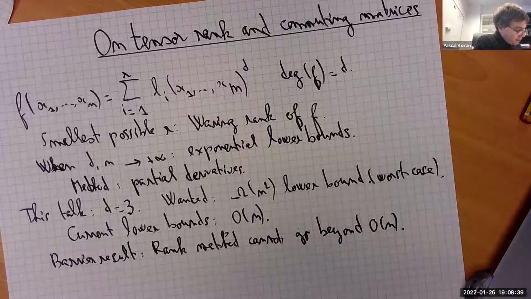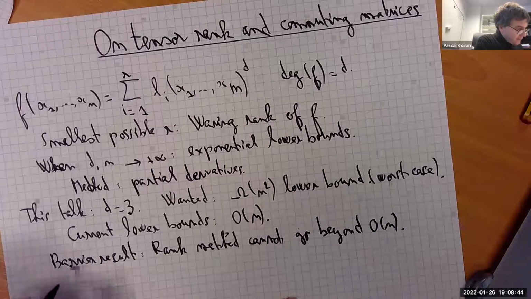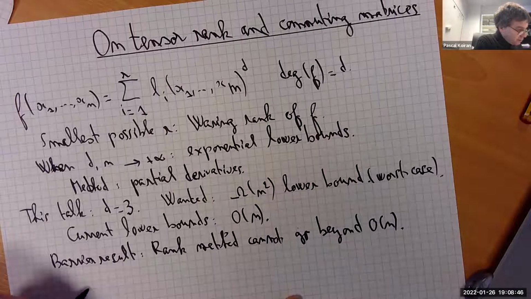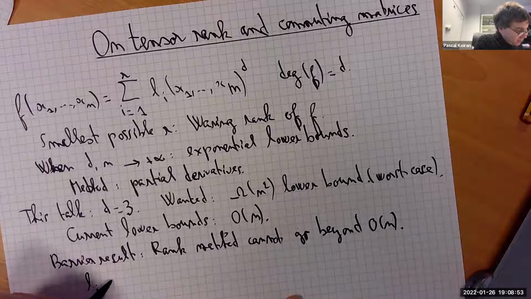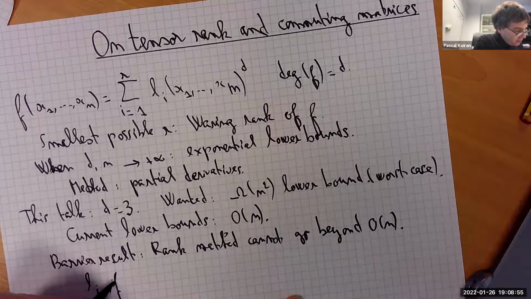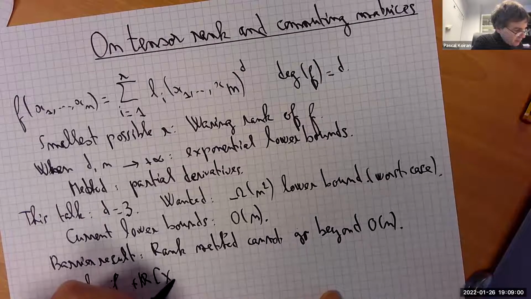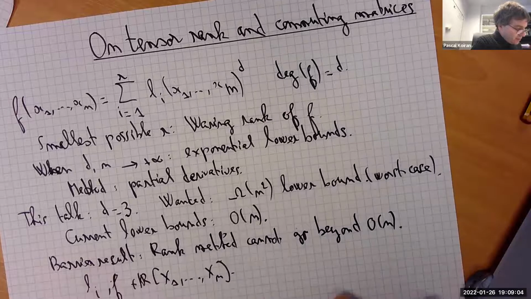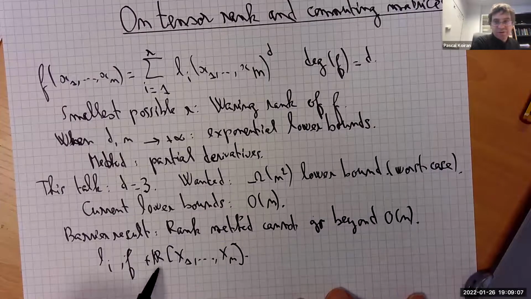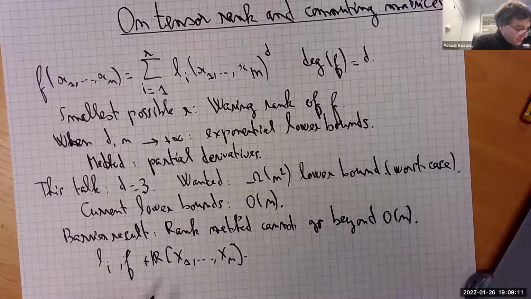I will focus here, in fact, on the case where we have real polynomials. So the linear forms and of course f are going to be real polynomials, and this real setting has some pleasant features compared to, say, the setting of complex numbers, and I'll try to explain why.